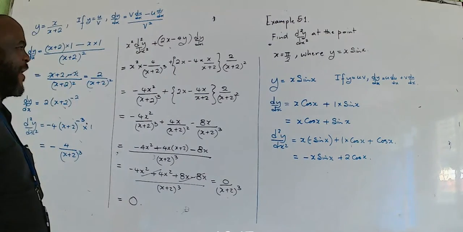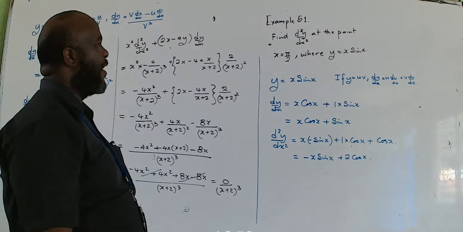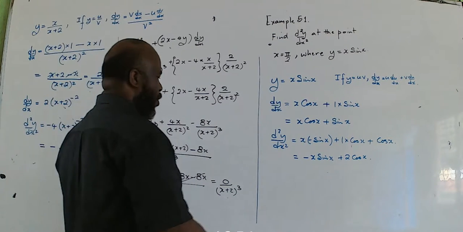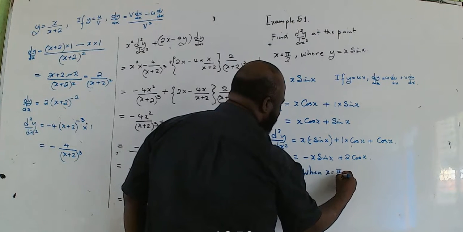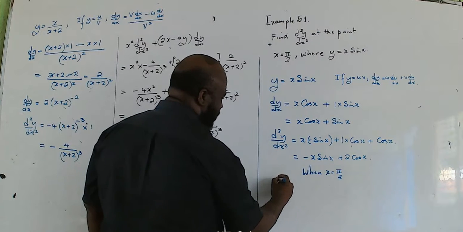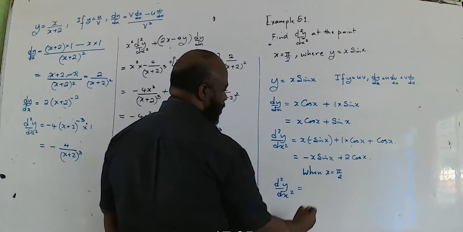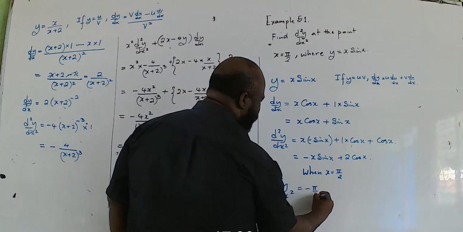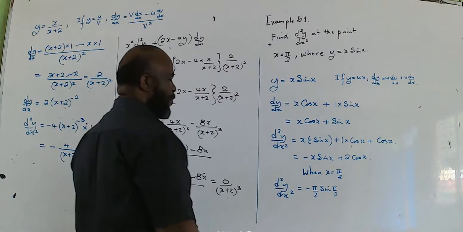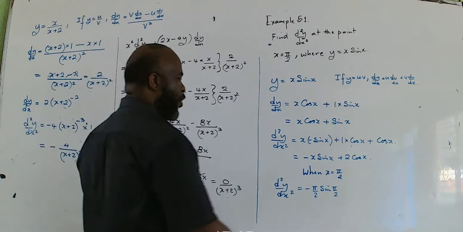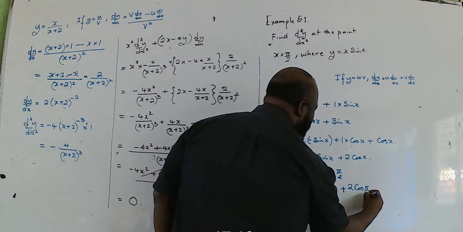And we're to find the value of d2y by dx squared when x is equal to pi by 2. So when x is equal to pi by 2, which is 90 degrees, d2y by dx squared will be equal to minus pi by 2 sine pi by 2. Wherever I see x, I'm going to put pi by 2, plus 2 cosine pi by 2.